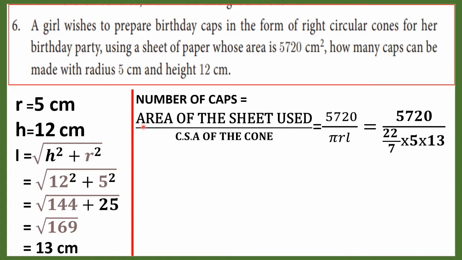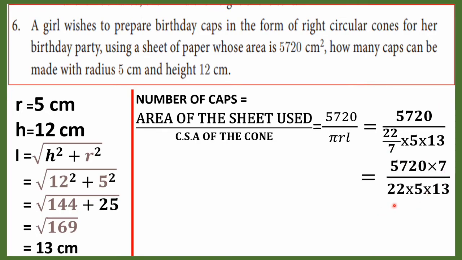Number of caps equal to area of the sheet used by curved surface area of the cone. What is the area of the sheet? 5720. Curved surface area of the cone, pi r L. Substitute the values for pi, r and L. In next step, we take this 7 to the numerator.